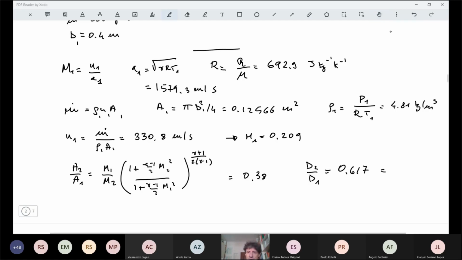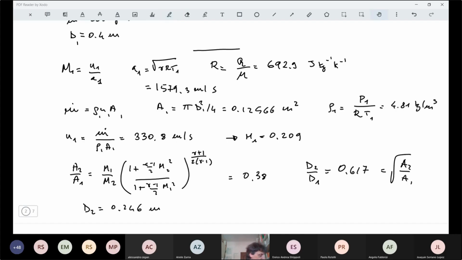Of course, d2 over d1 will be the square root of A2 over A1. So this allows us to calculate the value of d2, which will be 0.246 meters.